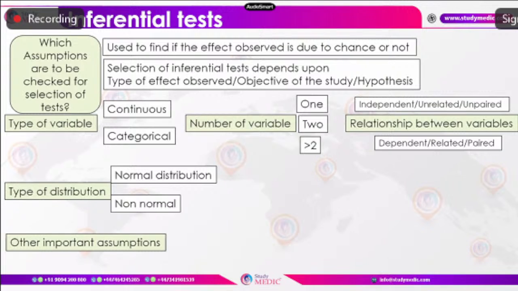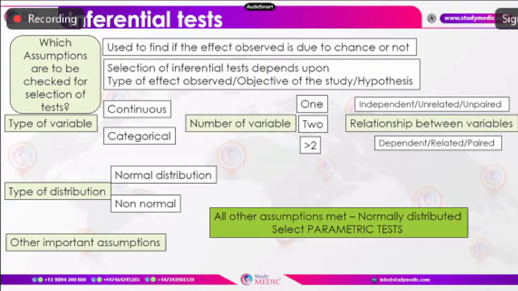And other important assumptions, which we are not trying to cover all of, but we will try to cover only simple assumptions. However, many other assumptions need to be met statistically in order to select a particular test. When all other assumptions are met and the data are normally distributed, we select a particular type of test called parametric tests.